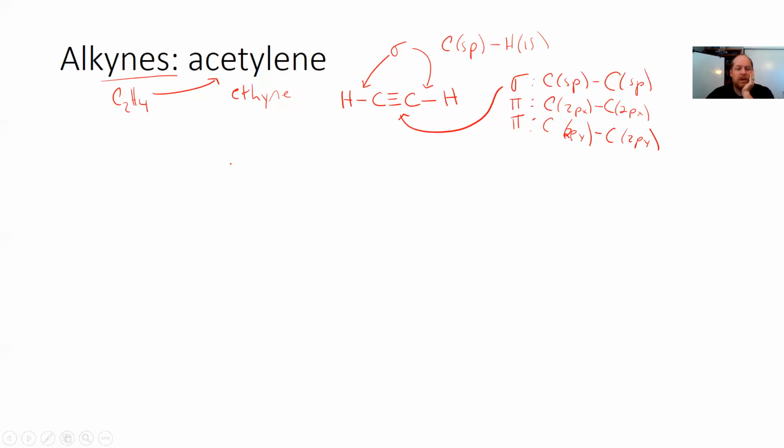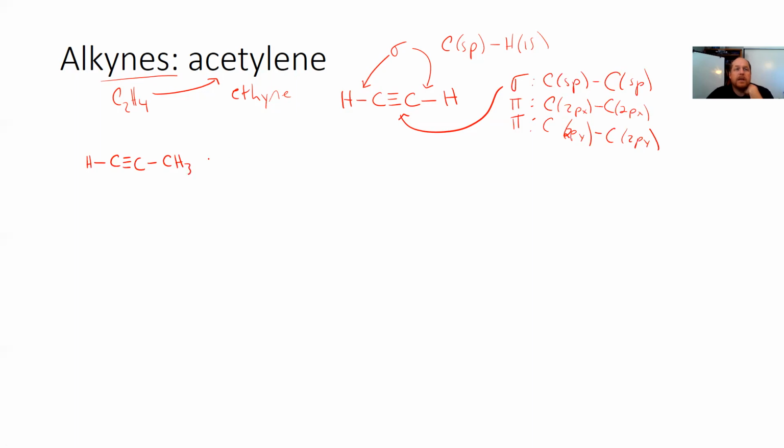And so what we're going to really get to with alkynes is this is just the simplest of the alkynes out there. All the other alkynes that we're going to see have at least one more carbon. So we'll have hydrogen bonded to a carbon, bonded to another carbon, bonded to, say, a third carbon.